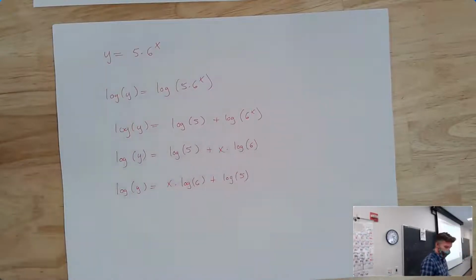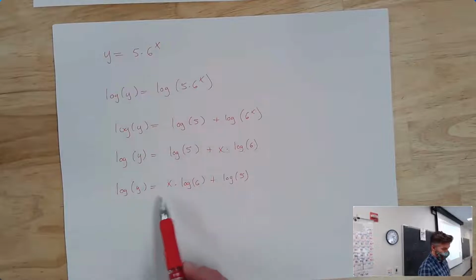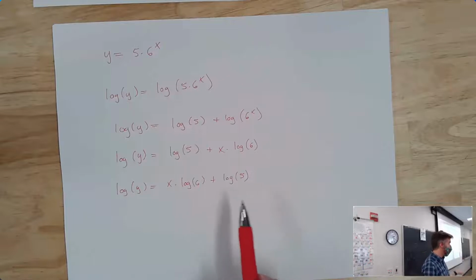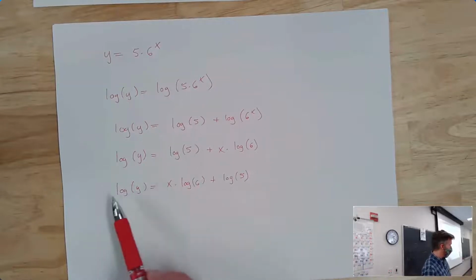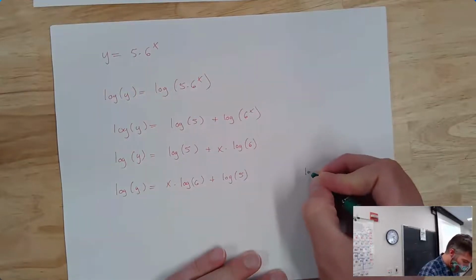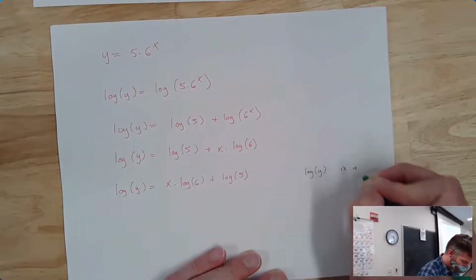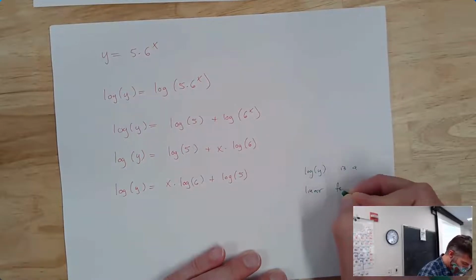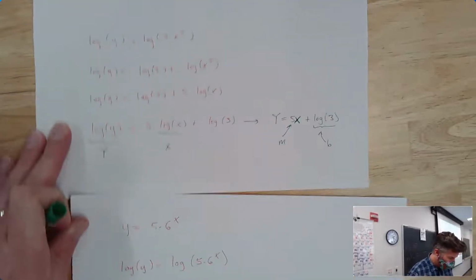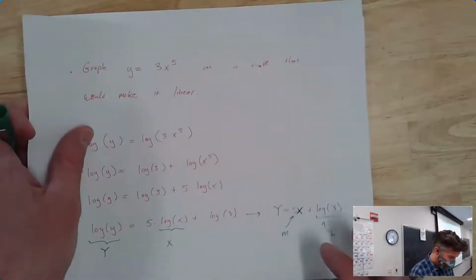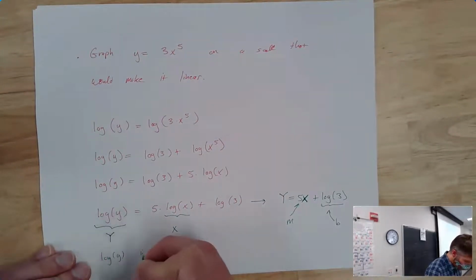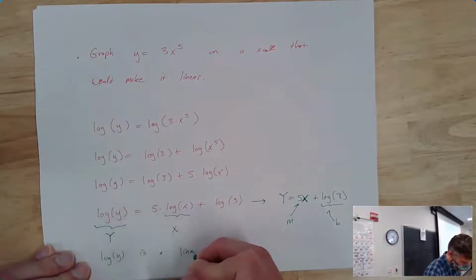Here, we have log of y being linear as a function of x. So the x still stays as is, but log of y is the variable that we're thinking of. So here, we are thinking of log of y as a linear function of just x, whereas in the previous one, we had log of y as a linear function of log of x.